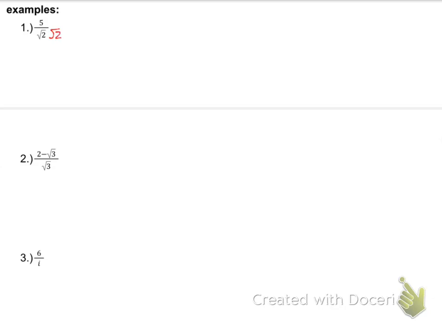But what I do to the bottom, I have to do to the top. So what's 5 times the square root of 2? It's not the square root of 10. It is 5 square root of 2. What is the square root of 2 times the square root of 2? 2. Guess what? You can't reduce it anymore. That's your answer. That is called rationalizing the denominator.